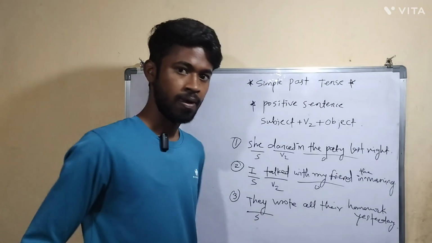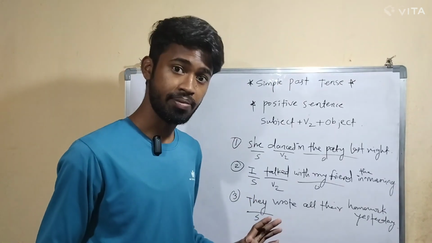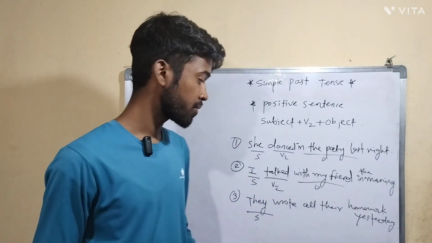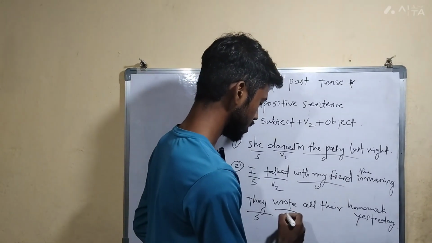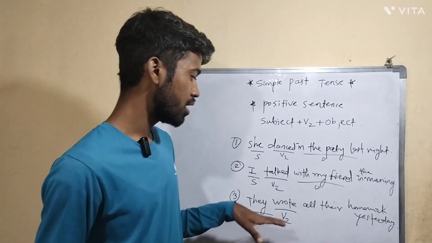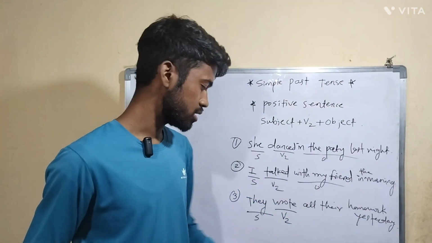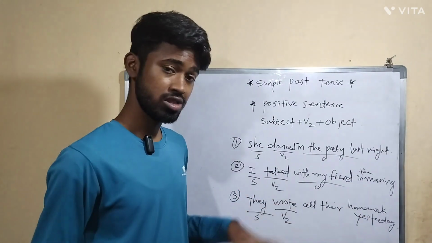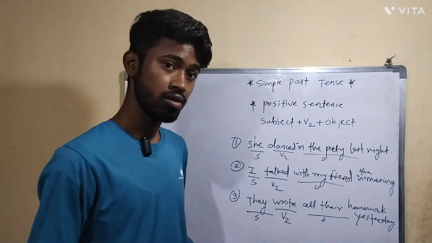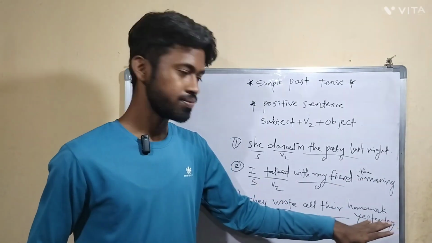They means whenever more than one person is there, at that time we use the pronoun they. So wrote, this is the second form of write. After that, all their homework yesterday is the object. Okay, no need to tell you, you understood that, right? They wrote all their homework yesterday.